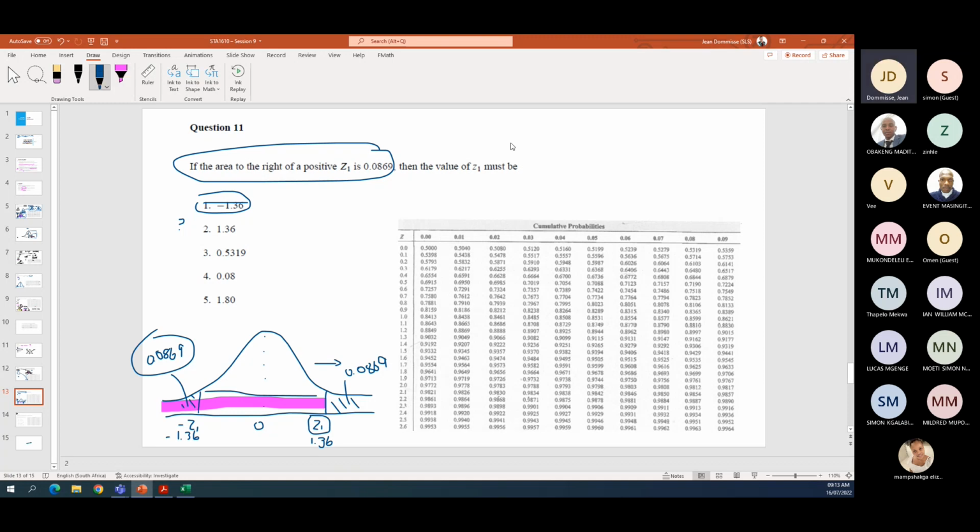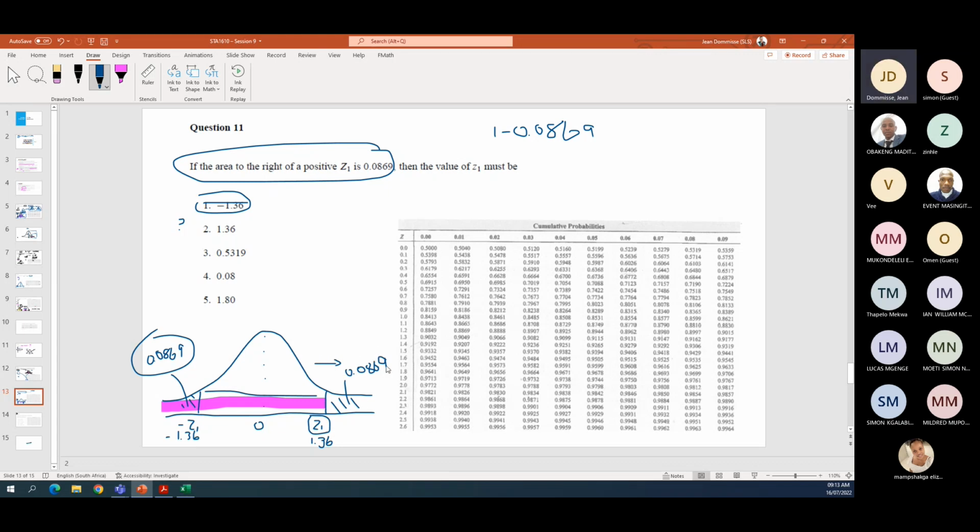And how to do that is just by saying 1 minus 0.0869. The reason we can do that is because we know from the definition that the total probability underneath a normal distribution is equal to 1.